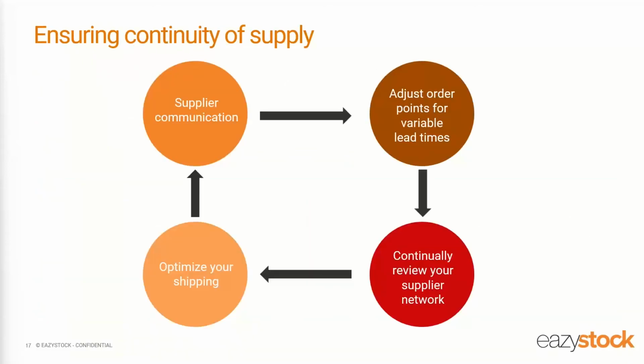So the last piece of this puzzle for me, and then I'm going to turn this over to Christina to talk to you more about some of the things that we do at EazyStock to build resilience into these inventory programs. It's transparent supply chains that rely on communication, right? You'll see these simple four points that we put on the slide today.